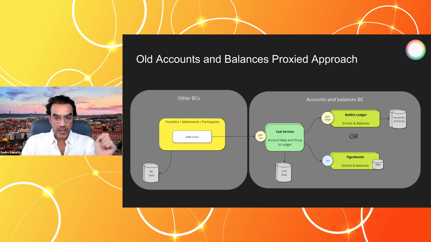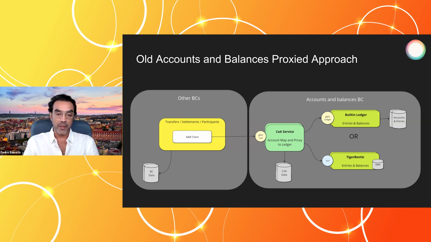So going to the architectural level, this first bit was just explaining how the thing works, and this is now more on the architectural level with the components. What we have is, on the left side, you will see the other bounded contexts, so the ones that actually call the accounts and balances for its functions. And you have the example with transfers, settlements, and participants.